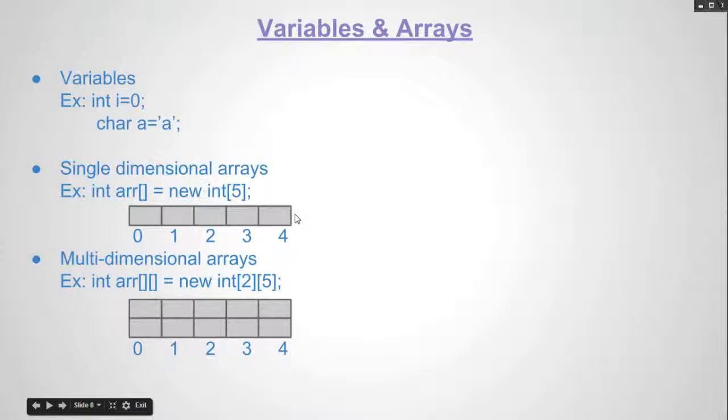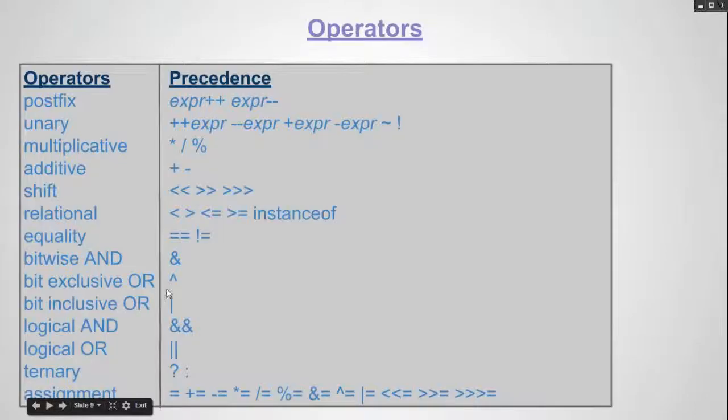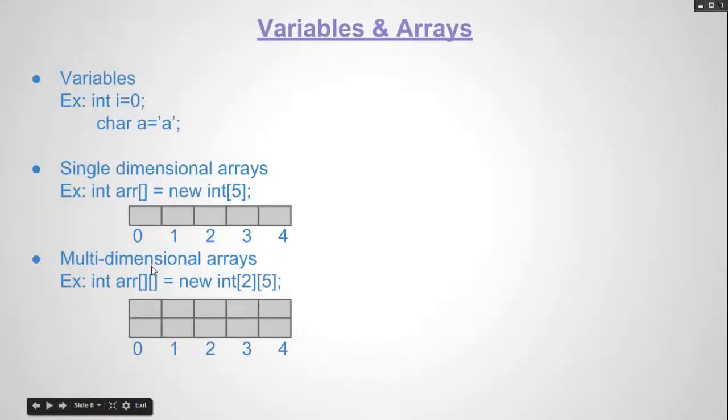Similarly, we can have multi-dimensional arrays. Because it is a single dimensional array, we have a single row. Here we can define multi-dimensional arrays also. Here I have defined two braces, which means it has that many dimensions.